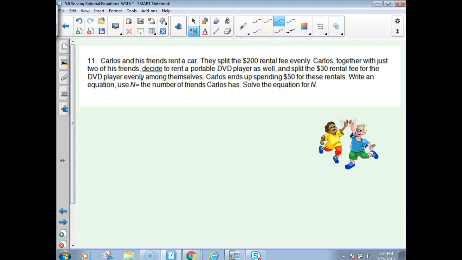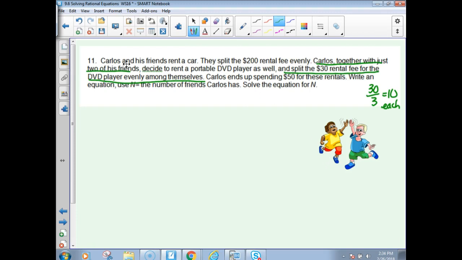So Carlos together with just 2 of his friends are going to do the $30. 30 divided by 3 is going to give $10 each, right? So I'm going to note that. Carlos ends up spending $50 for these rentals. Write an equation using n for the number of friends he has and solve the equation for n.